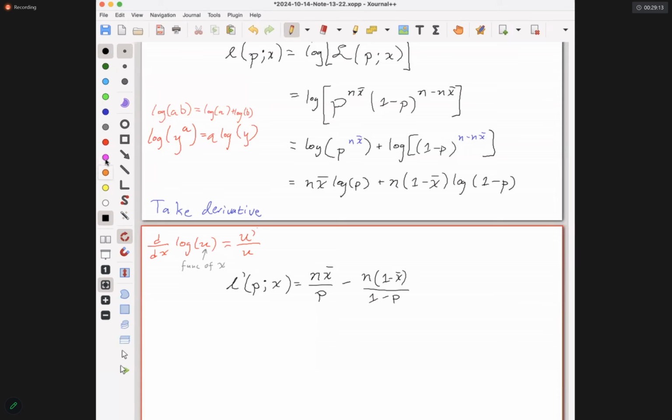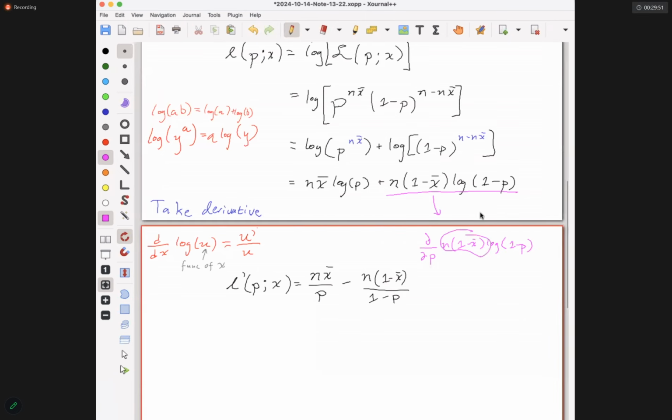So we're looking here at this. We want the derivative with respect to p, technically partial derivative, but it doesn't make a difference, of n times 1 minus x bar log 1 minus p.